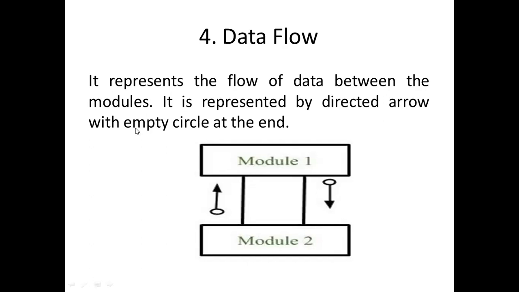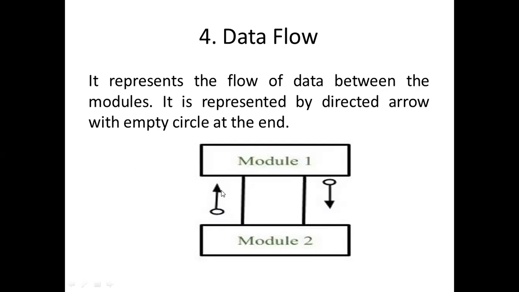It represents the flow of data between the modules. It is represented by a directed arrow with an empty circle at the end. Now you can see here, this is the arrow and there is a circle. Again, this is the arrow and this is the circle, and this circle is empty, on both sides. This is the arrowhead and this is the empty circle at the end of the arrow.